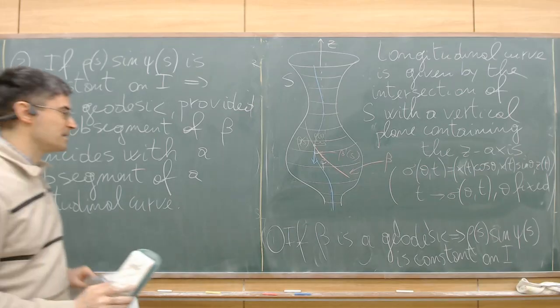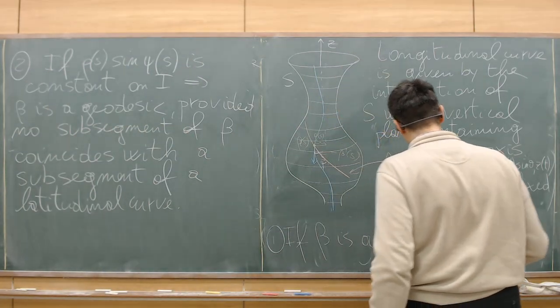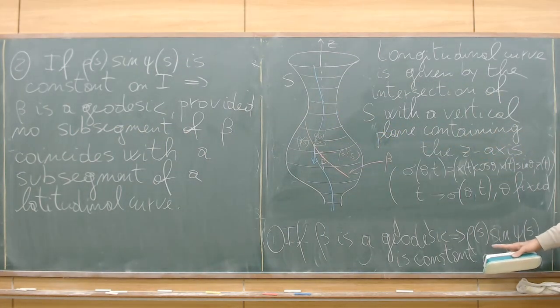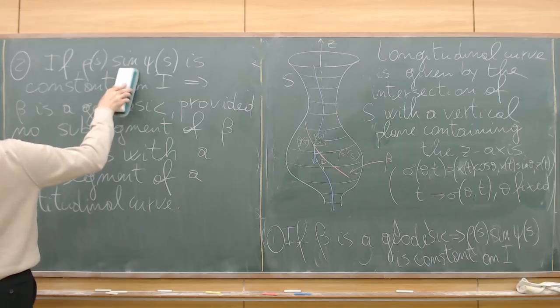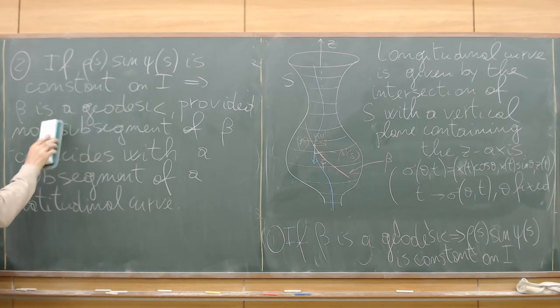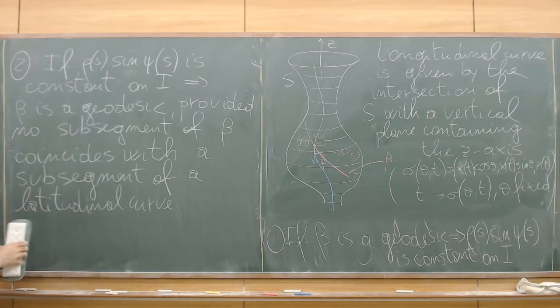So the theorem says that if beta is a geodesic, then rho of s times the sine of psi of s is a constant, and vice versa. If this function of s is a constant, then beta is a geodesic.